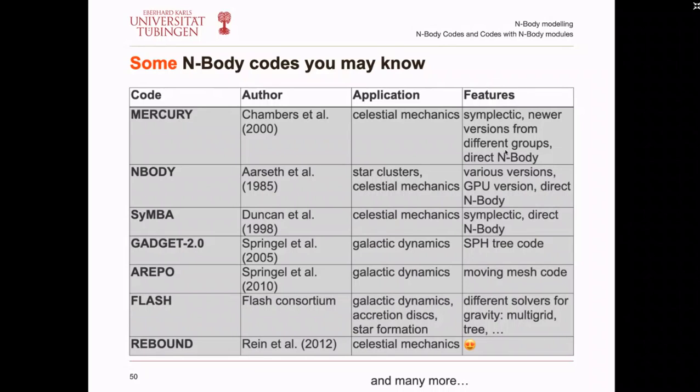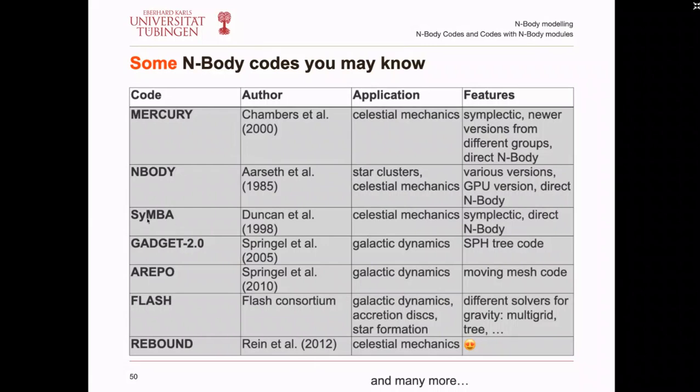I'm not sure if this is publicly available, but I've heard of it. Okay. Then there's the n-body code by Sverre Aarseth, which is mainly used for star clusters. There are also various versions. I think the current version is NBODY6. I'm not sure. There's also a GPU version.